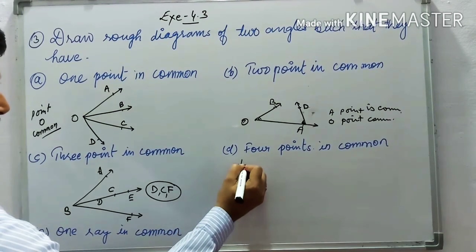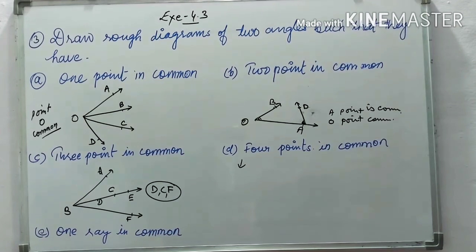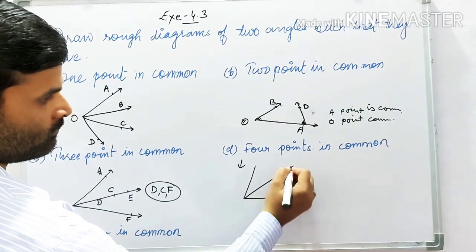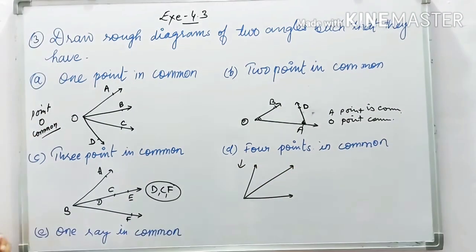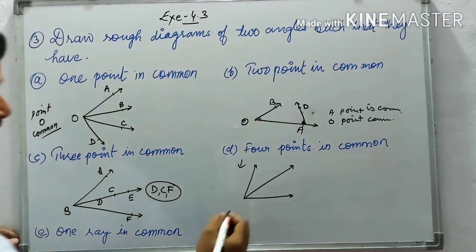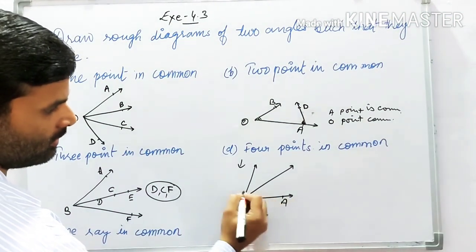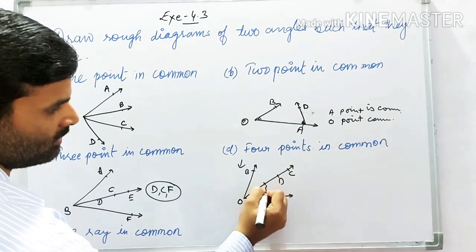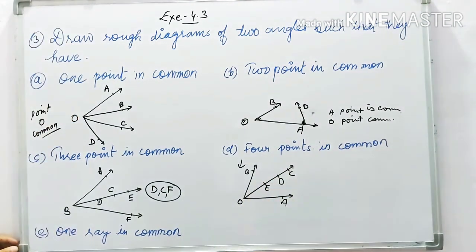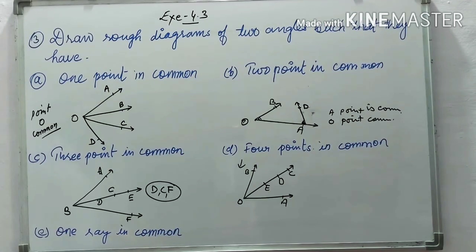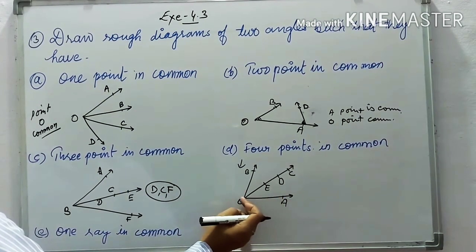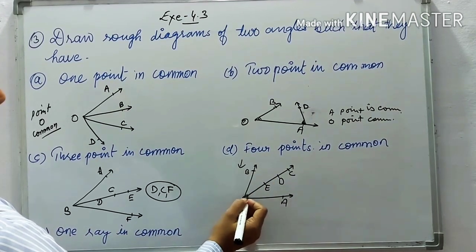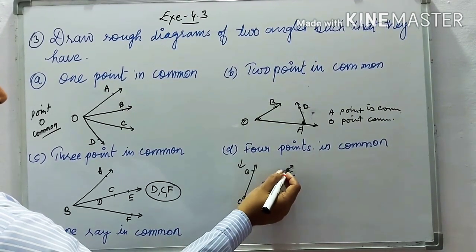The points are O, A, B, C, D and E. The common points are four points in two angles. There are two angles, AOE and BOE, with points D and C common. So four points are common.